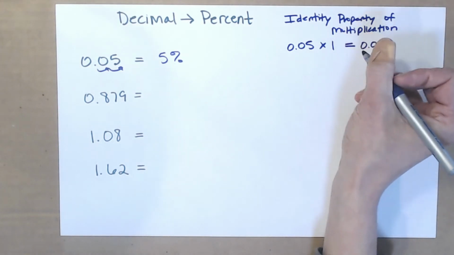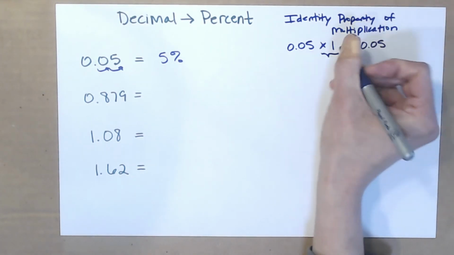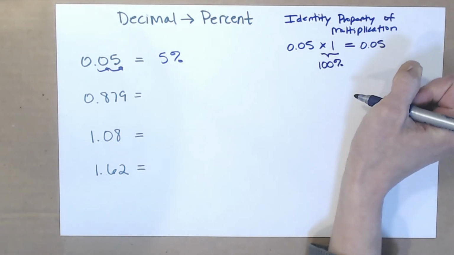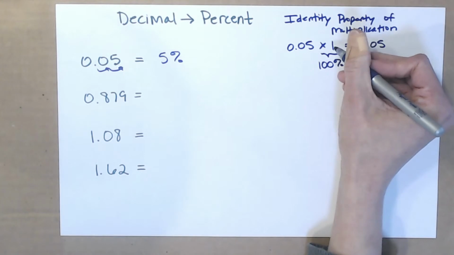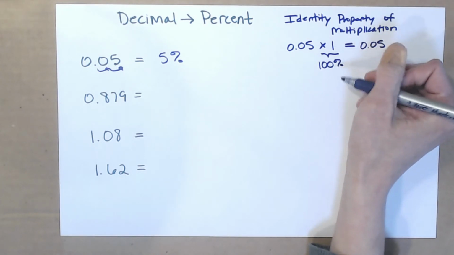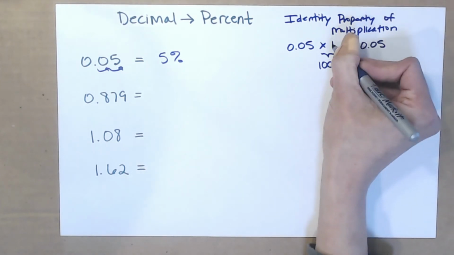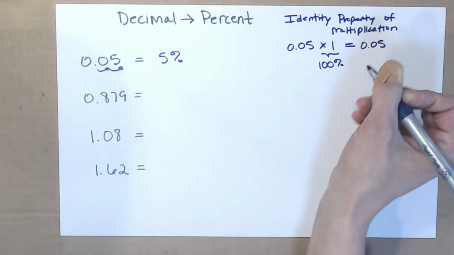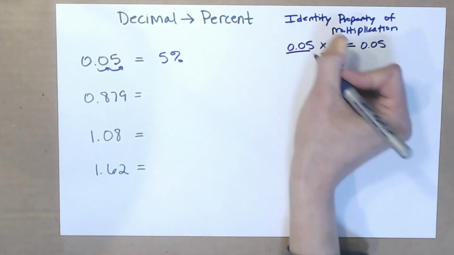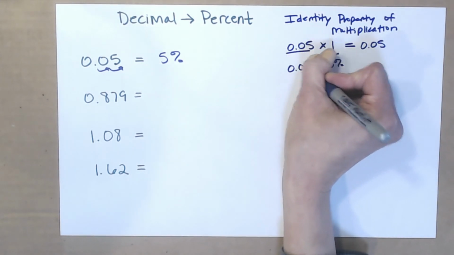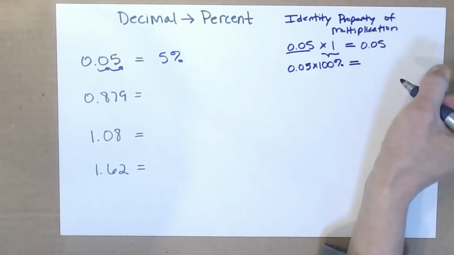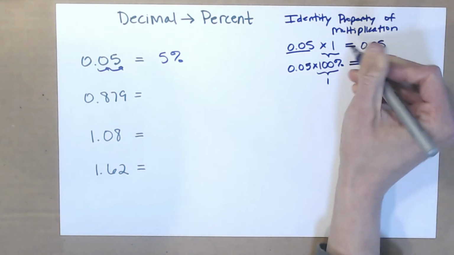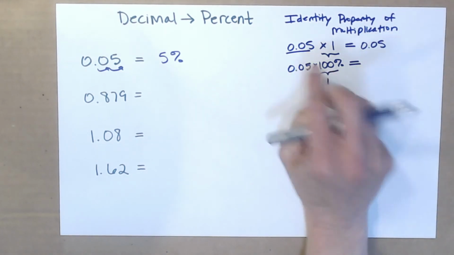So in this case, what we're going to do is we are going to multiply by 100%, which is another way of saying 1. If you take 1 of something, you're taking 100% of it. It's the same thing. The 1 is actually the decimal equivalent of 100%. So now we can take our number, 0.05, multiply it by 100%, which is really just 1 again, and our answer should be equivalent to what we started with.